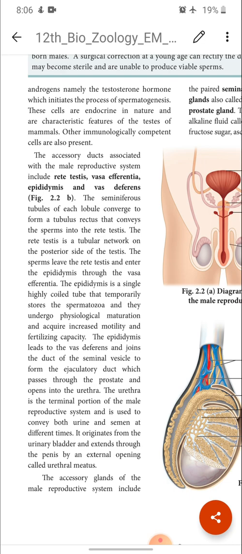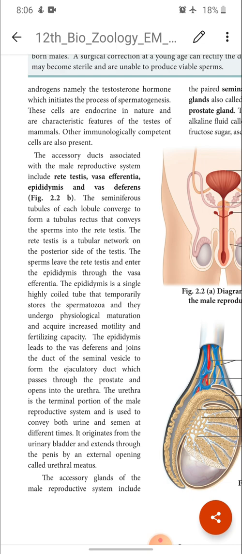So first option physiological maturation, second option increased motility, third option fertilizing capacity. All of these happen in the epididymis only, no, children? When the epididymis is not present, there won't be physiological maturation of sperm, its motility also will not be increased, and fertilizing capacity also will not be acquired.